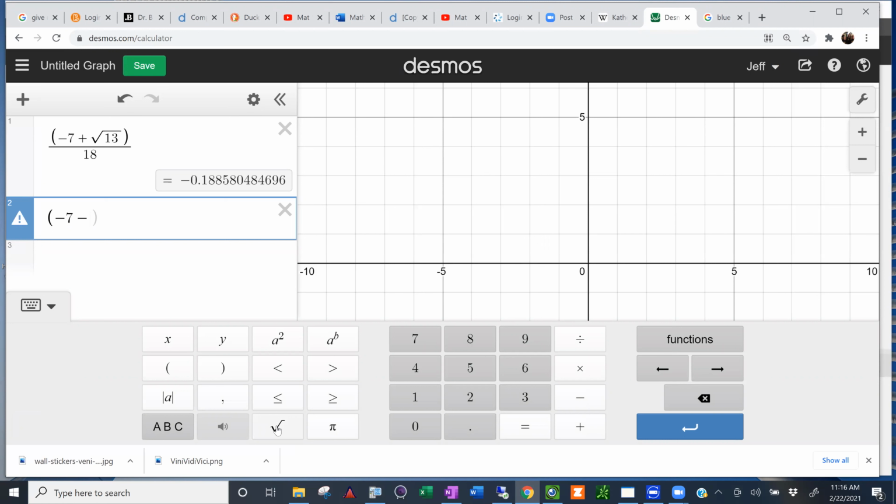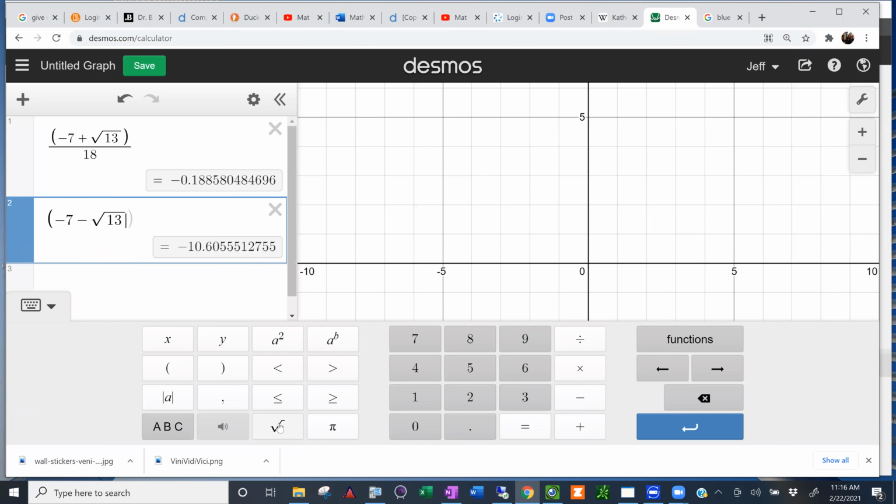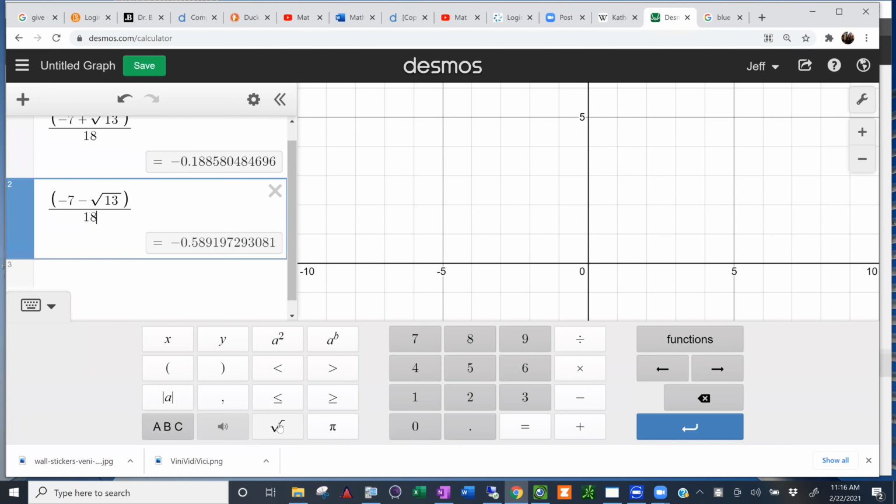Somehow it put my parenthesis in there for me. Minus the square root of 13. Hit the right arrow to get out from underneath the square root, right parenthesis, and then divide by 18. So we get our numbers either way.